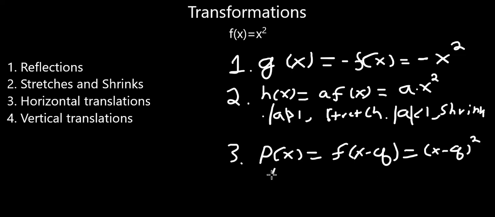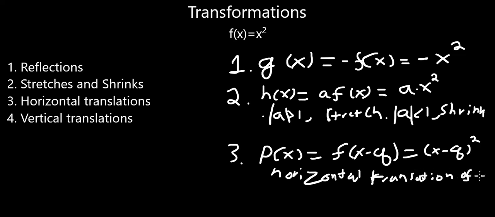This would give you a horizontal translation of q. So it's happening inside the parentheses, and it goes the opposite direction as the sign. So here we're subtracting q, so it's going to go q to the right. If it was x plus q, it would go q to the left.